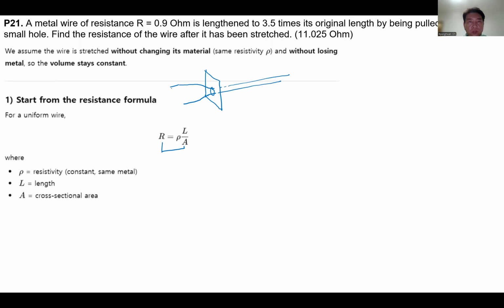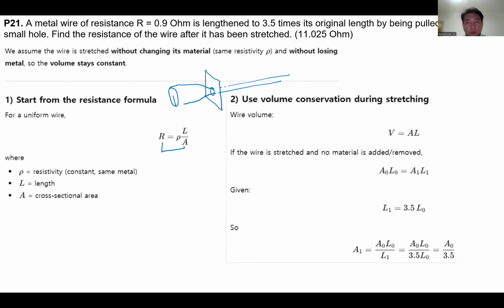Initially, the cross-sectional area is A0, and then there is a L0, and now it's changed to A1 with the L1.